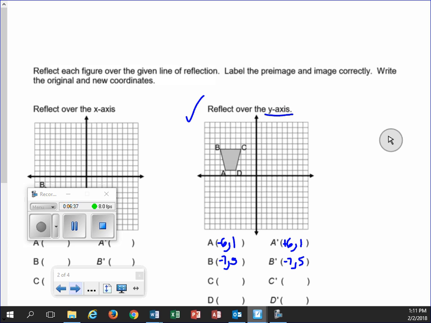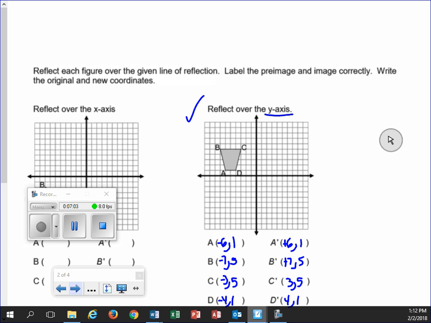We just turn that negative to a positive. It's the opposite coordinate. Here we'll do C, 1, 2, 3, and 1, 2, 3, 4, 5. So it's -3 and 5, and then that's going to be +3 and 5. And then we'll have D, which would be 1, 2, 3, 4. So that's -4 and 1, and that turns to +4 and 1.